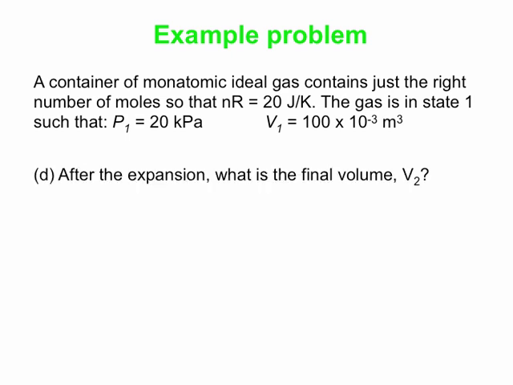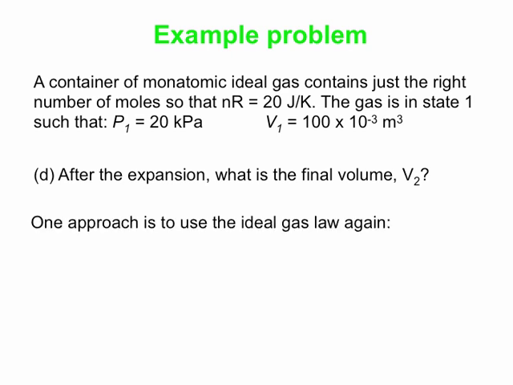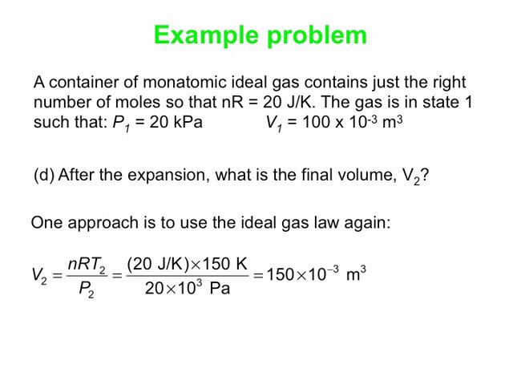Okay, last question about this. What's the new volume? You can probably do this in your head. Pressure stayed the same. Temperature went up by 50%, so the volume should go up by 50% as well. We can use the ideal gas law to calculate that, just to check it.